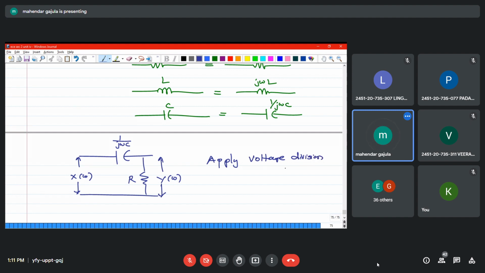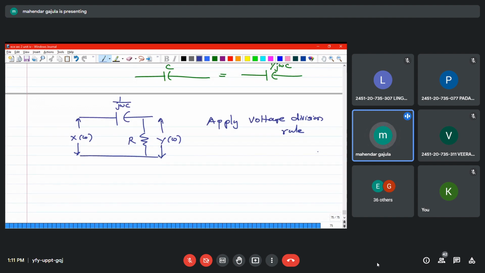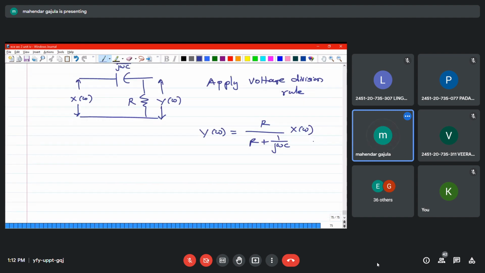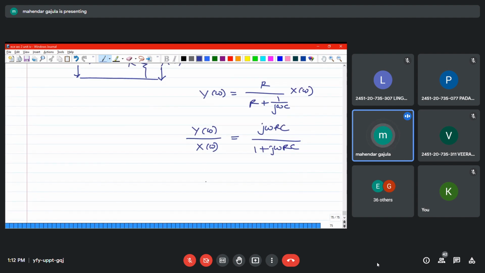Voltage division rule. Now, can you tell me what is the output? Y(omega) equals R by R plus 1 by j omega C times the input. What we want is Y(omega) by X(omega), which is nothing but H(omega). So we can write it as j omega RC by 1 plus j omega RC.